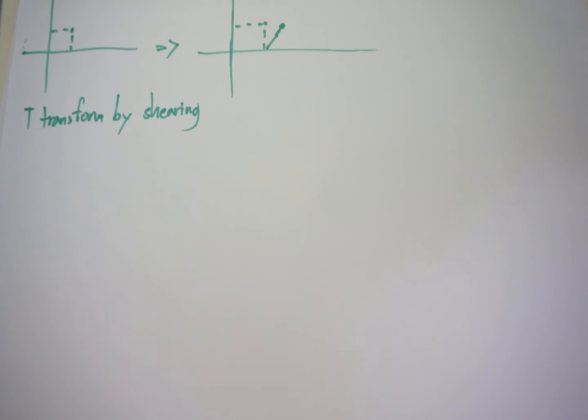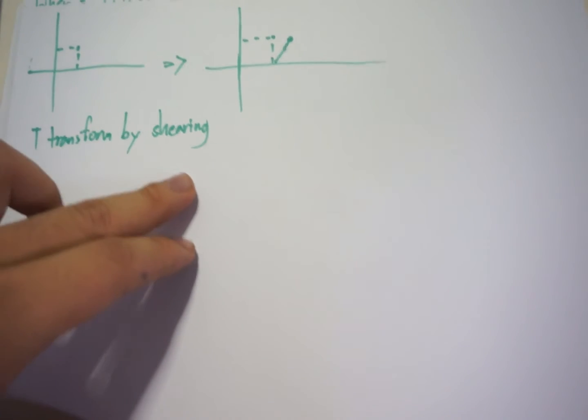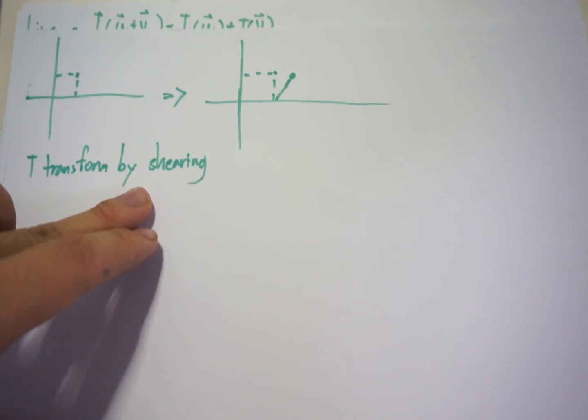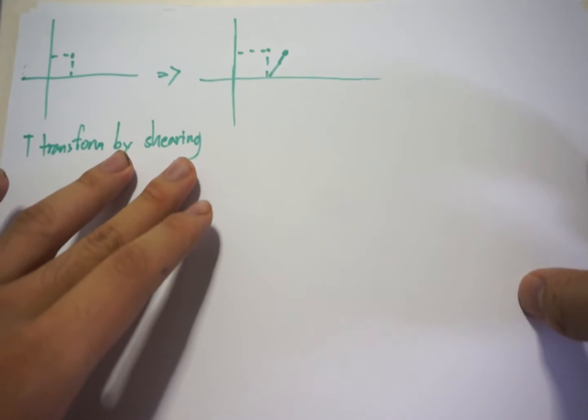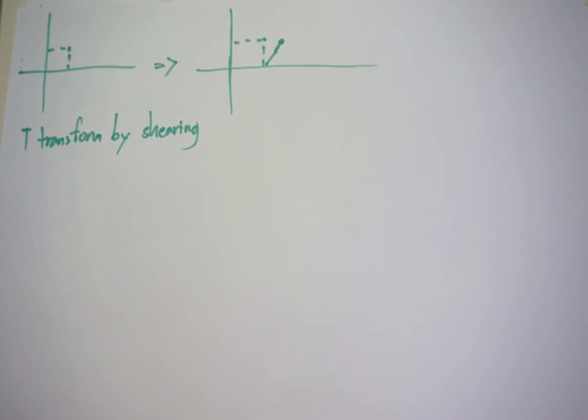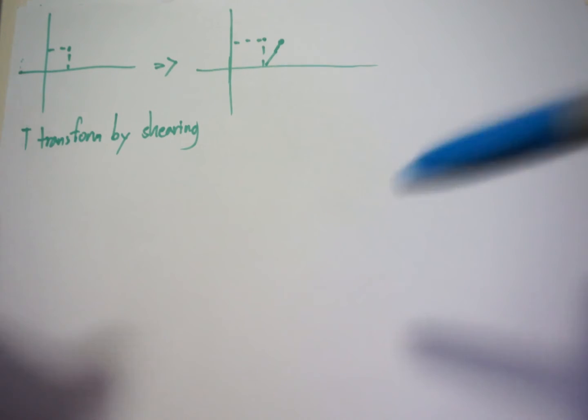Now we're moving on to the second example in today's lesson of finding the transformation and the correlation to the linear, isometry, and fixed point.